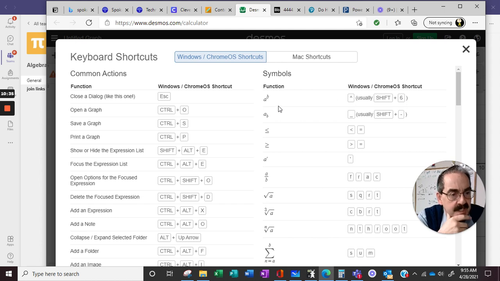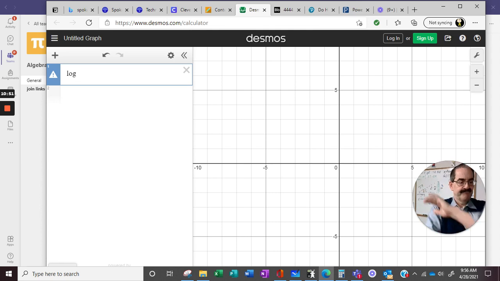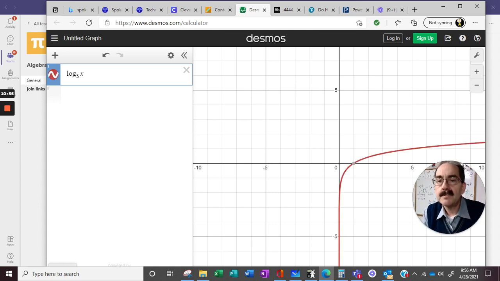Shift 6 is an exponent. Okay, so we need subscript. Shift minus. Let's try shift minus. Shift minus 5 arrow X. There we go. So hopefully that was helpful.